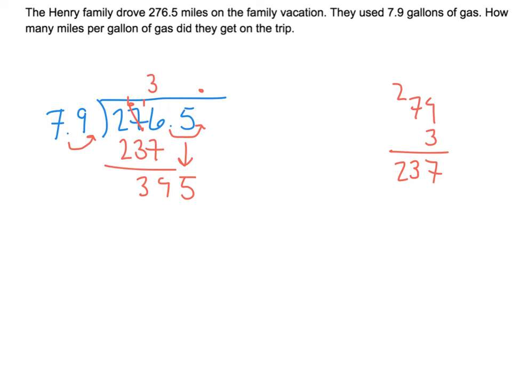Well, I'm going to think about this as an approximation. I know that 395 is pretty darn close to 400. And 79 is pretty close to 80.